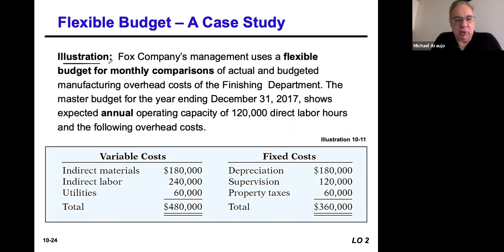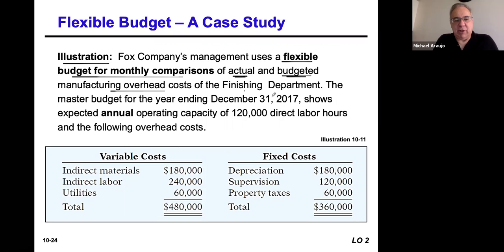So we're going to do Fox Company here. Fox uses a flexible budget for monthly comparisons of the actual amount that happened and what they had planned for, the budgeted amount, for overhead costs in their finishing department. Okay.